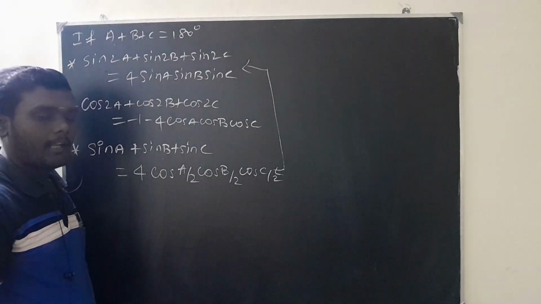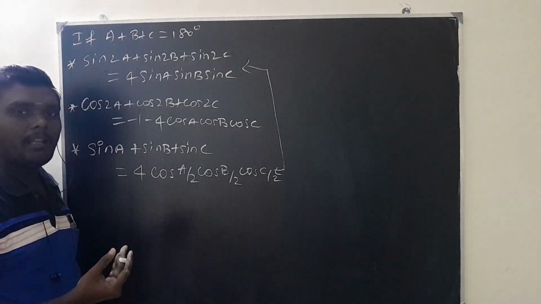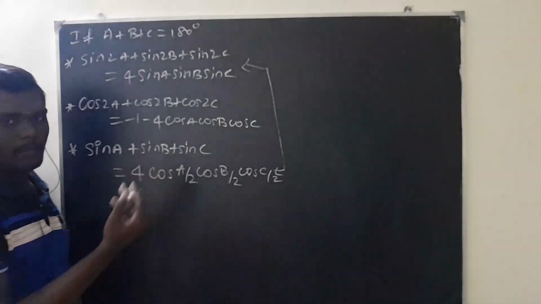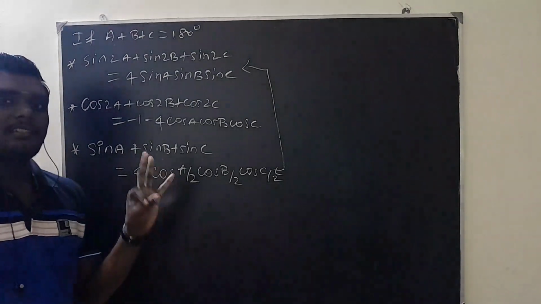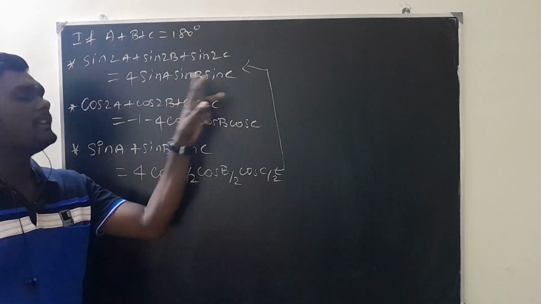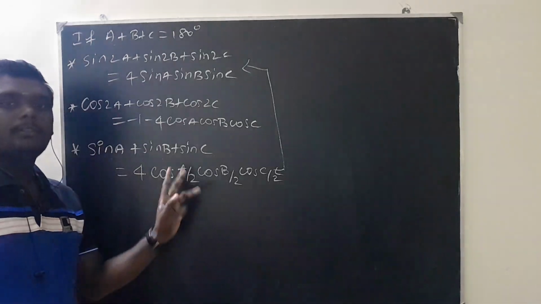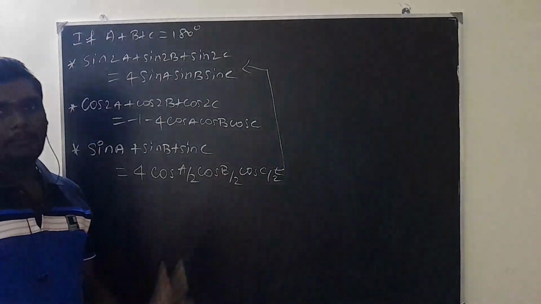Submultiple angles. Can you remember how we proved this submultiple angles from the multiple angles? The same way, but here some change has been applied. What change? Here we have 4 sin A sin B sin C, but instead here we have cos A by 2, cos B by 2, cos C by 2.